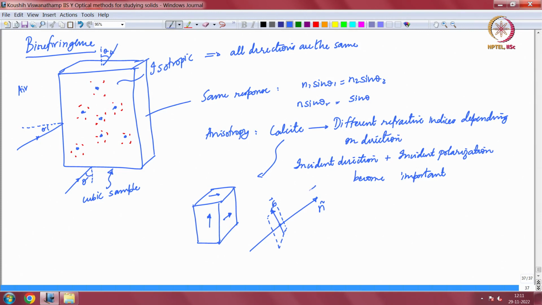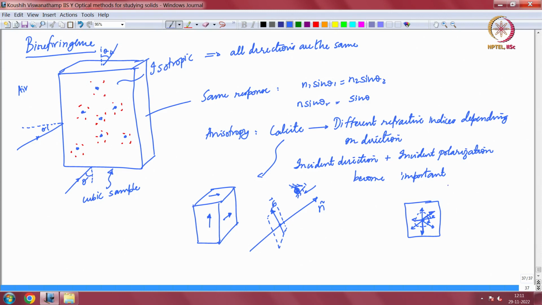So, if I look from here at this plane, the electric field in principle could go in any direction with respect to let us say some horizontal direction, right. It can go this way, this way, this way, and it can change these directions as a function of time. So, it could be a superimposition of one field like this, one field like this, one field like this and so on.